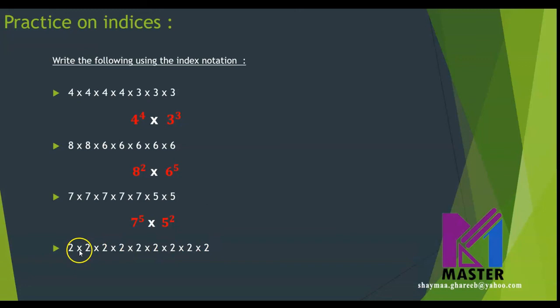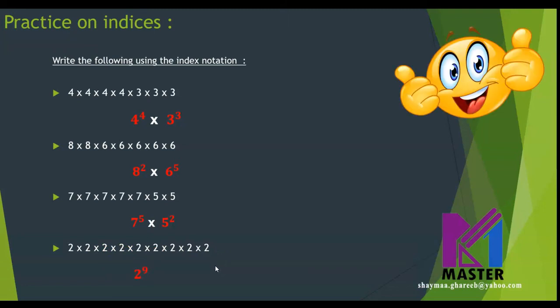Now here, the 2 is multiplied by itself how many times? 1, 2, 3, 4, 5, 6, 7, 8, 9. And it's only one number. So it will be 2 to the power of 9.